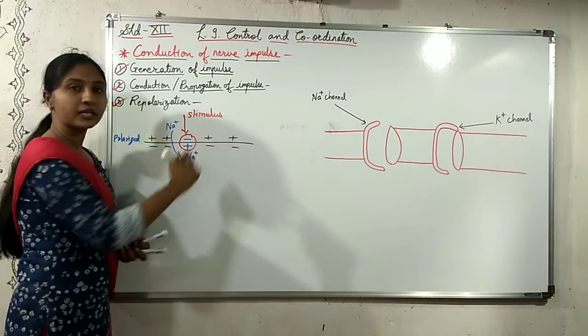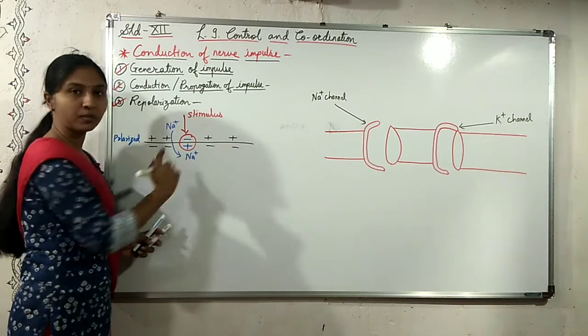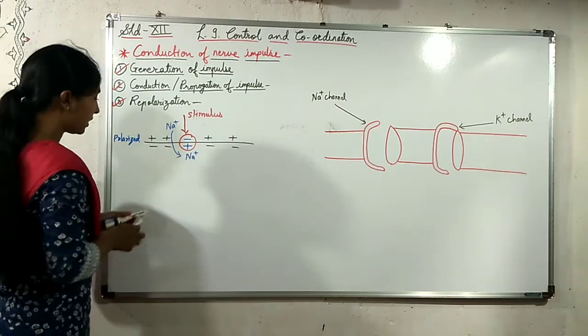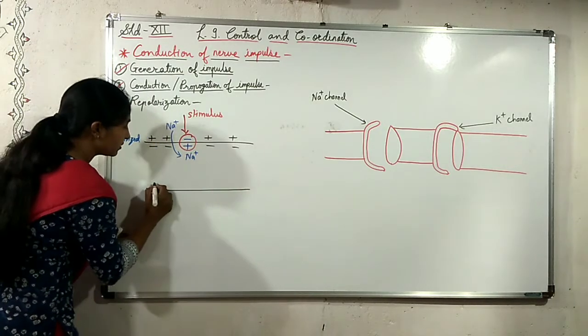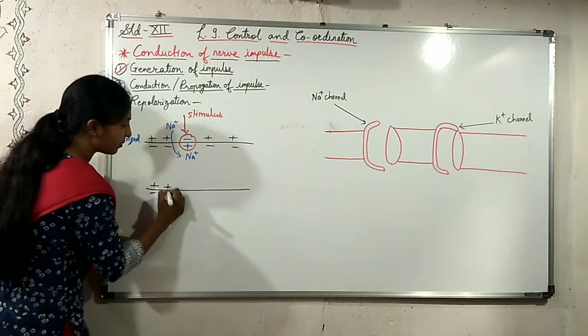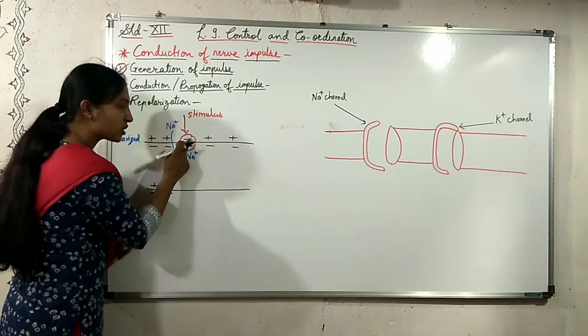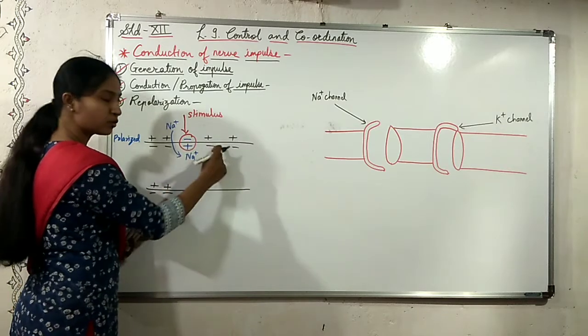This impulse is conducted from one point on the membrane to another point on the membrane through the loops. Now suppose the first point is electropositive from outside, electronegative from inside. The impulse was generated here on the third point. Now this impulse has been conducted from the third to the fourth point.